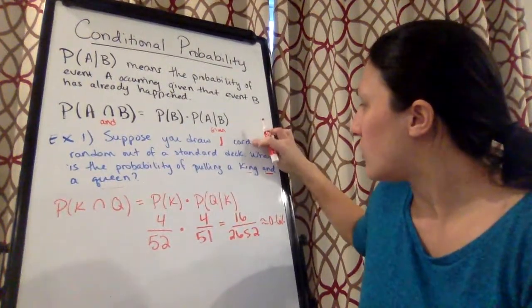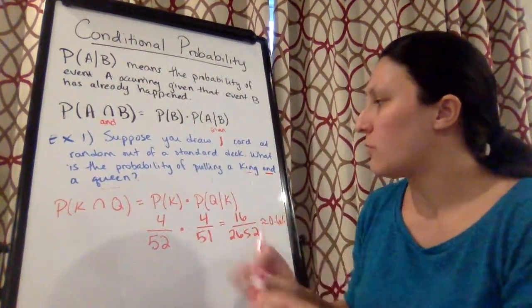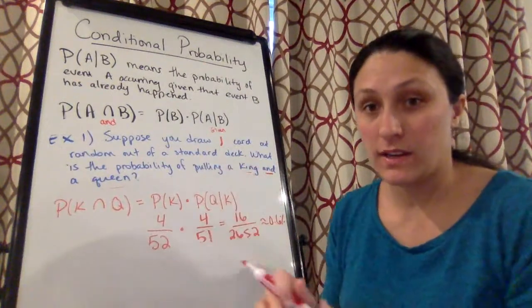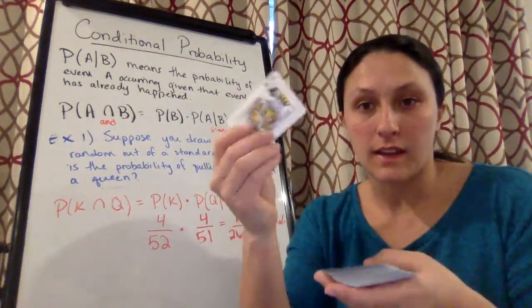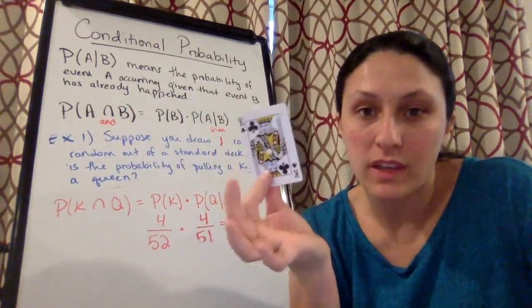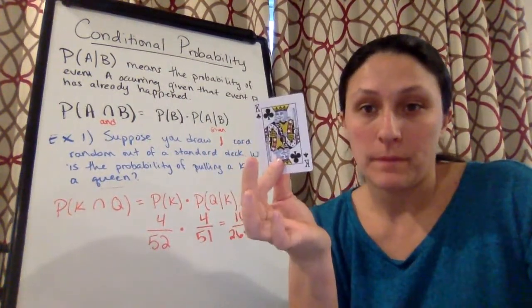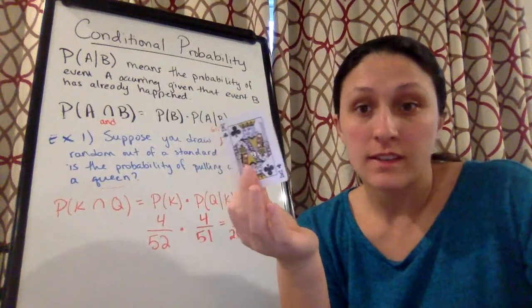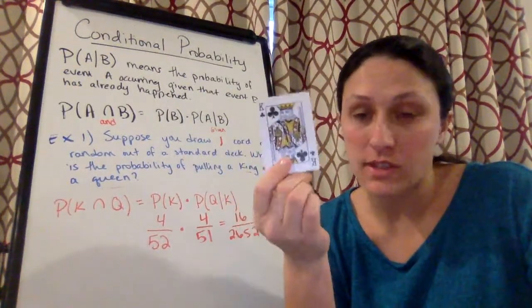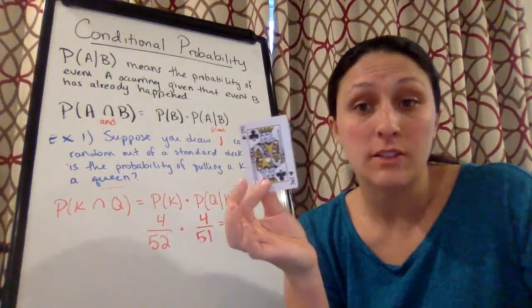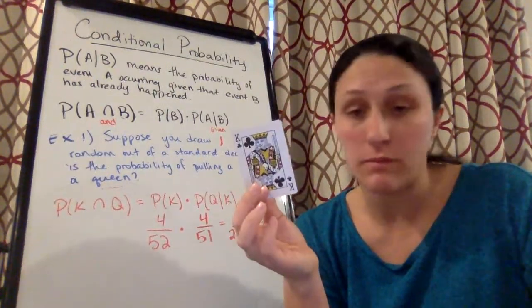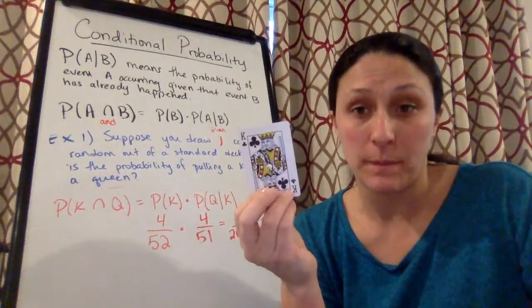So if I only draw 1 card, what's the probability of pulling a king and a queen? So now that's saying if I only pull 1 card out of this deck, what's the probability that I pull both a king and a queen? And the answer is 0. There is no such card that is a king and a queen. These are mutually exclusive events. You can't be both a king and a queen.